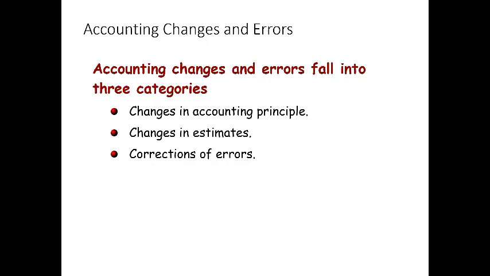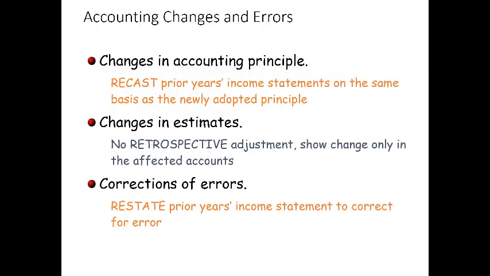The categories that GAAP talks about: changes in accounting principle, changes in estimates, and corrections of errors. So the definition of these we'll talk about in more detail here. If we have a change in accounting principle, we would recast prior year's income statements on the same basis as the newly adopted principle.